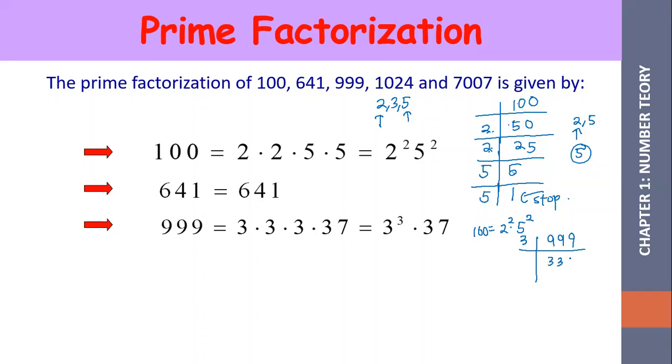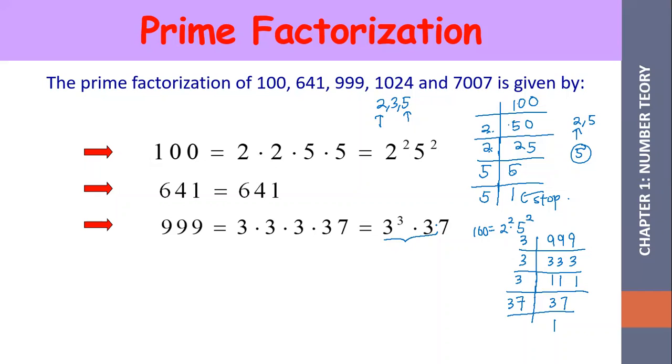Divide by 3 you get 333, divide by 3 again you get 111, divide by 3 again you get 37. 37 is prime, so divided by 37 you get 1, so stop. This is the answer for 999.